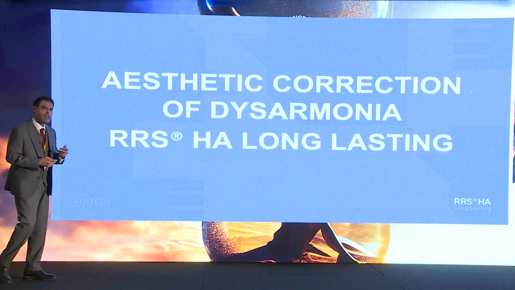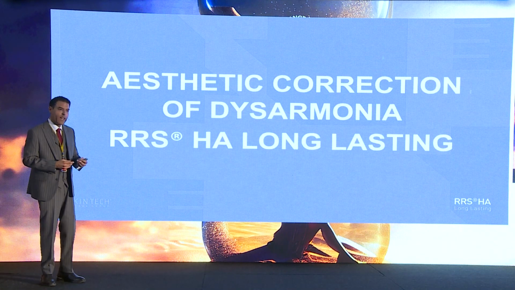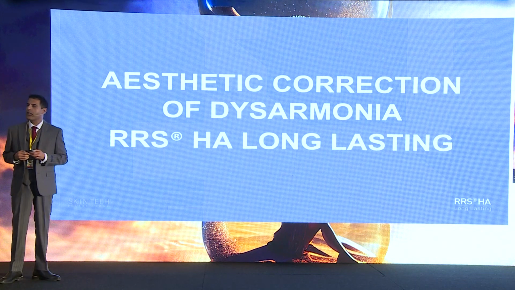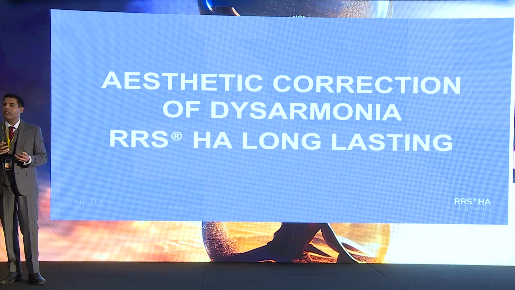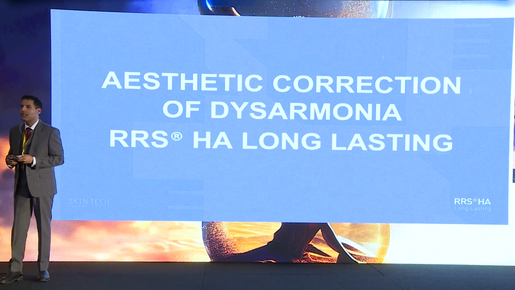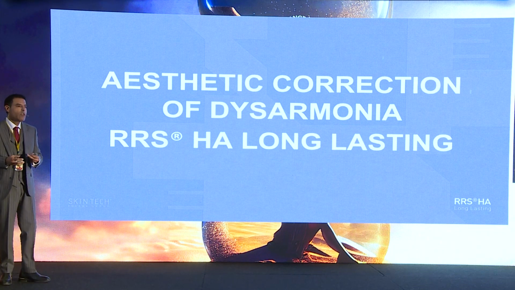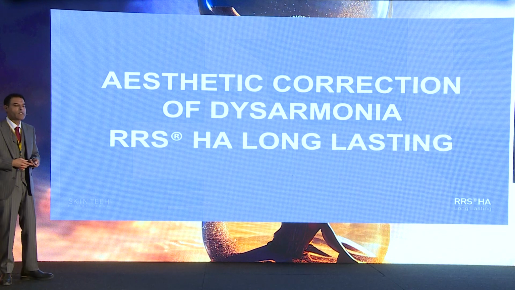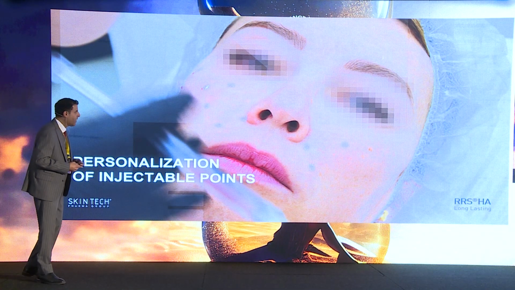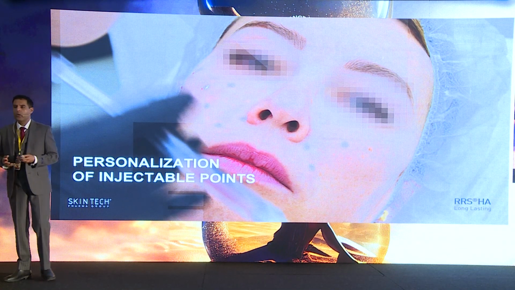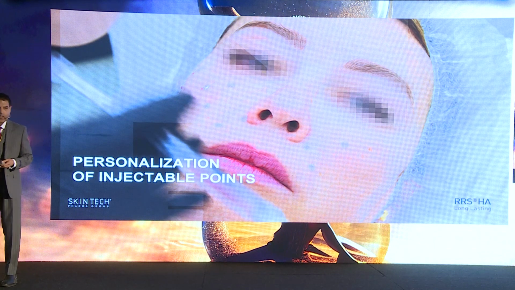And there is a subtle change that we can make with RRSHA long-lasting, and that's where we manage to balance the disharmony between the patient and what they see and what we as clinicians see as well. A lot of the times we talk about protocols.